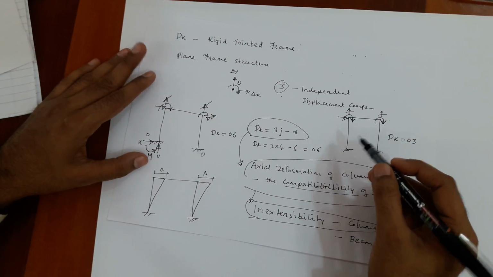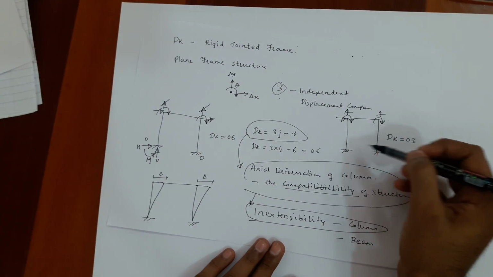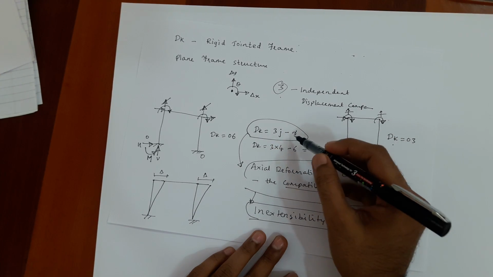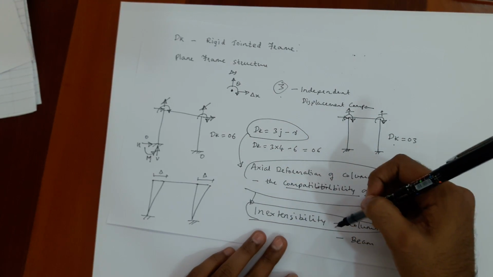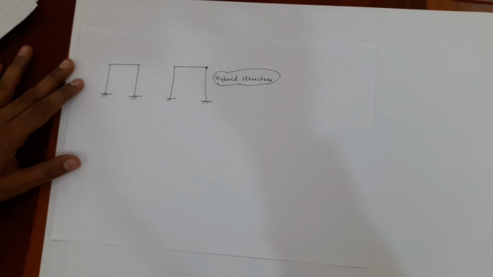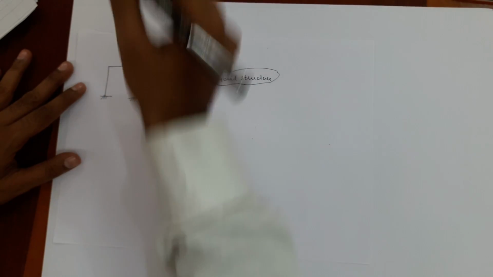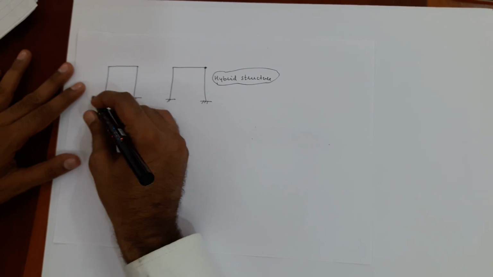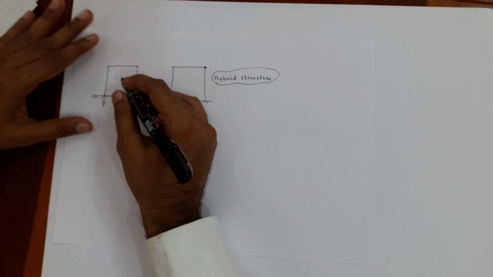In the case of a rigid jointed frame, we have to go to each and every joint and define the DKR. You don't have to use this formula, because it will not consider the inextensibility condition. We will see how to find the DKR here. Here there is no deformation, vertical, horizontal, or rotation.